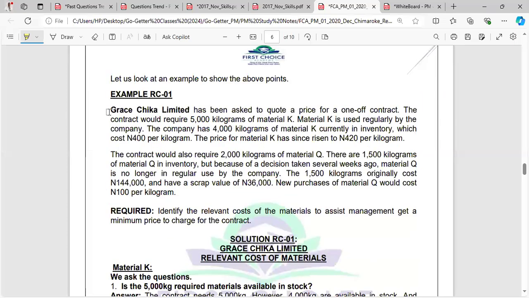Grace Chica Limited has been asked to quote a price for a one-off contract. The contract will require 5,000 kilograms. I will not read all this question now. I will go straight to how I usually attack questions. When I see a question, the first thing I do is to go to the requirements.